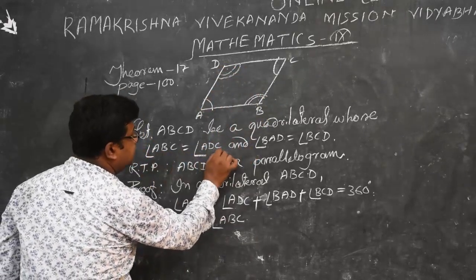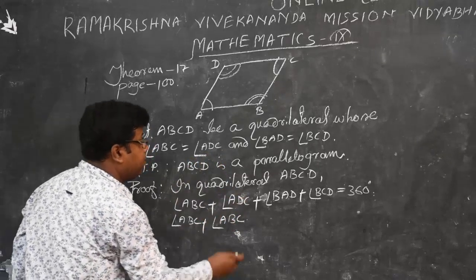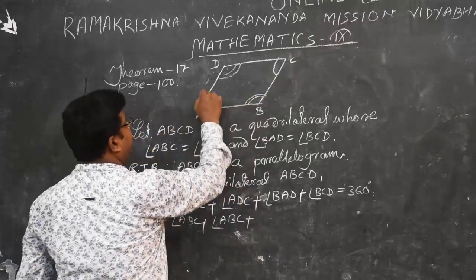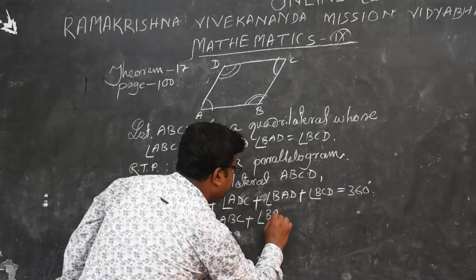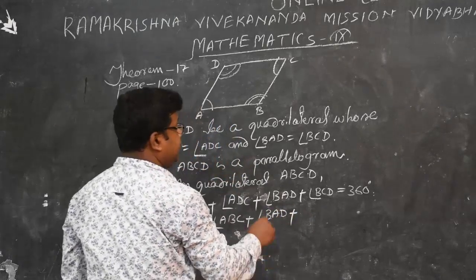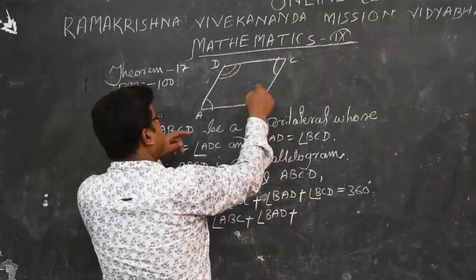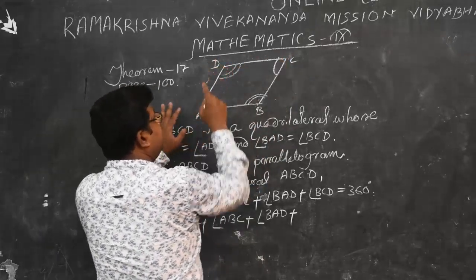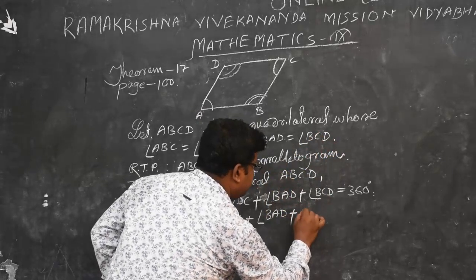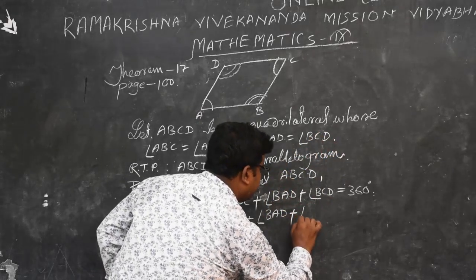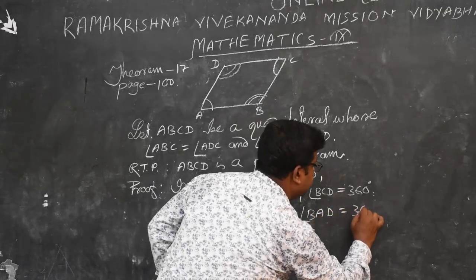Plus angle BAD, keep it as it is, plus, instead of BCD you can write BAD, because BAD and BCD are equal, it is also given in the question, equals 360 degrees.